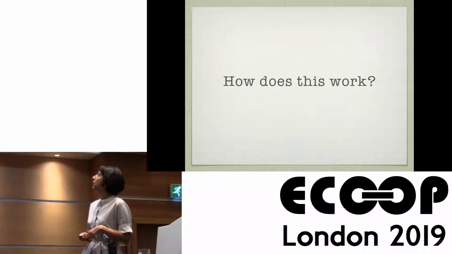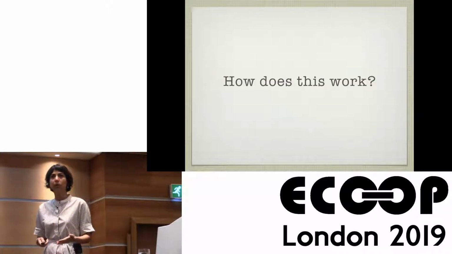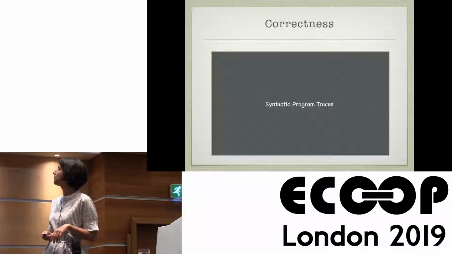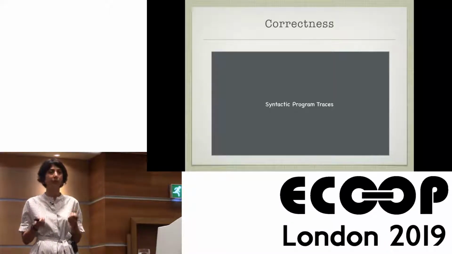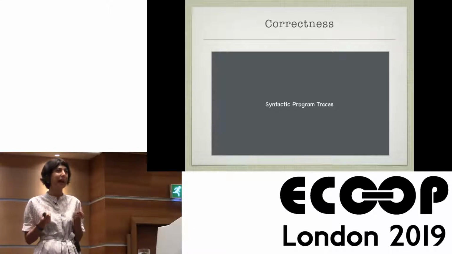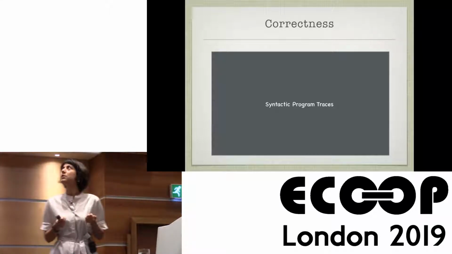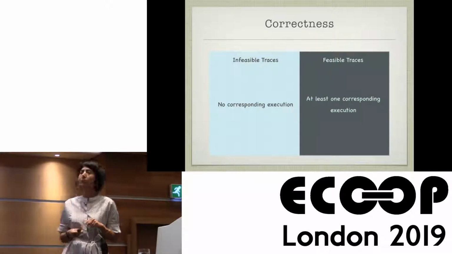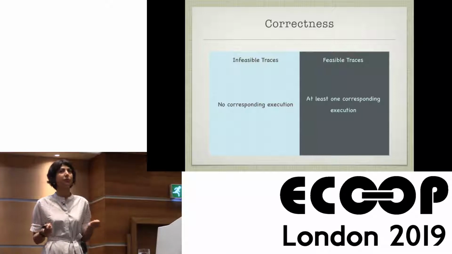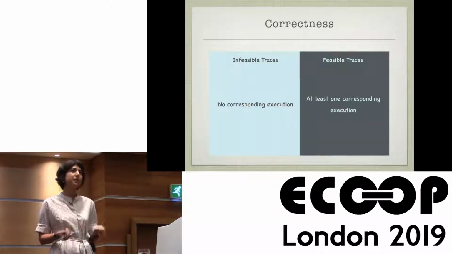Okay, so more specifically, how do we make this work for programs, and what are the algorithmic problems that have to be solved for this to actually become an algorithm that can work? Take all syntactic program traces. We can immediately partition them into two sets: the set of feasible traces and the set of infeasible traces.